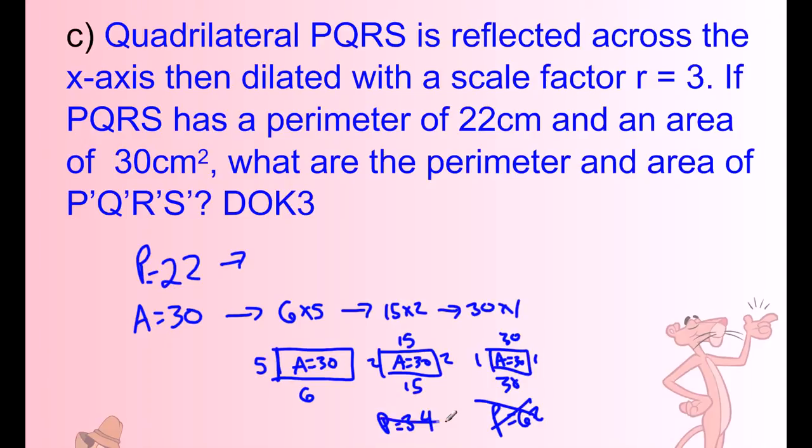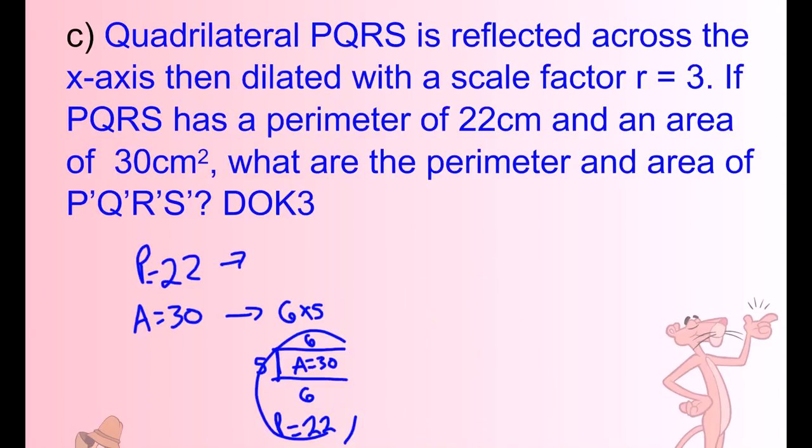That's not going to work for us. 6 and 6, 5 and 5 is 12, and 10 is 22. So if I use this rectangle that has a length of 5 and a width of 6, that might be a good analogy of what's happening in this problem.